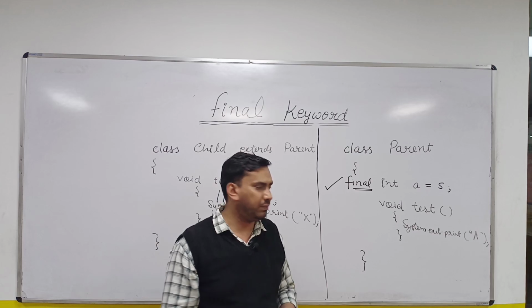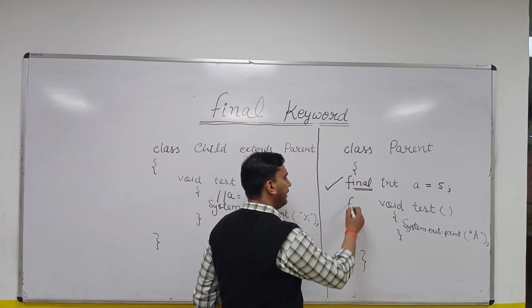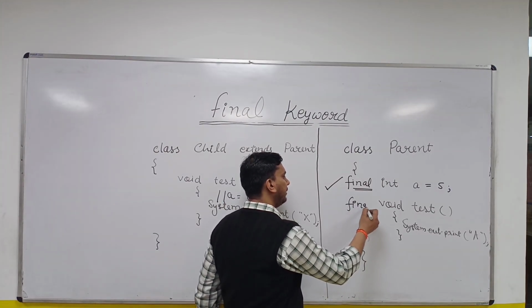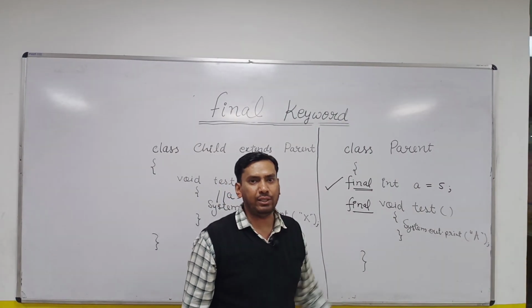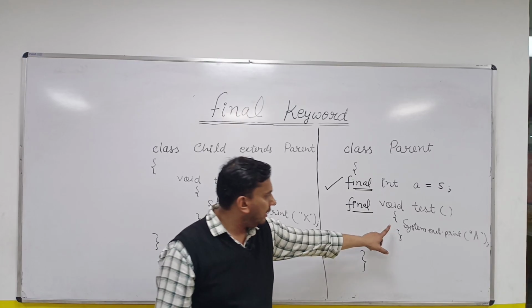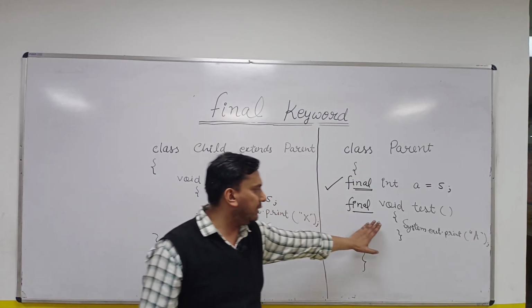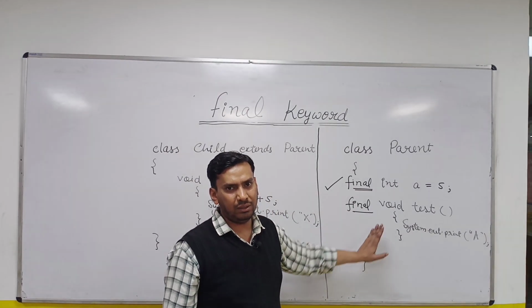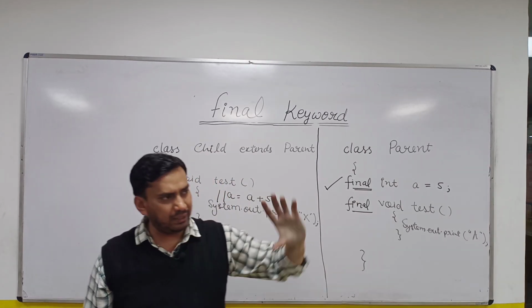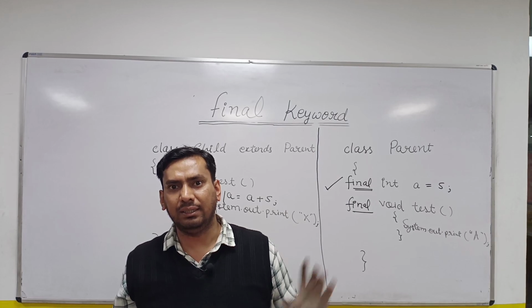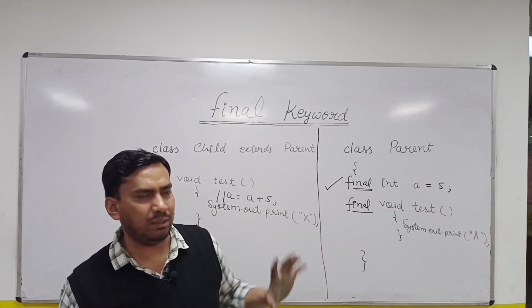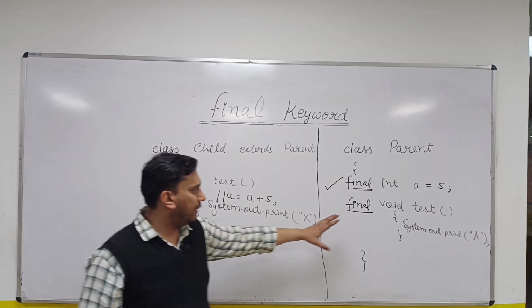So just put the final keyword along with your method. This means that it cannot be overridden, so any inherited class cannot redefine this method. When you feel that this method should not be modified by any inherited class, you declare it final. Final methods cannot be overridden.